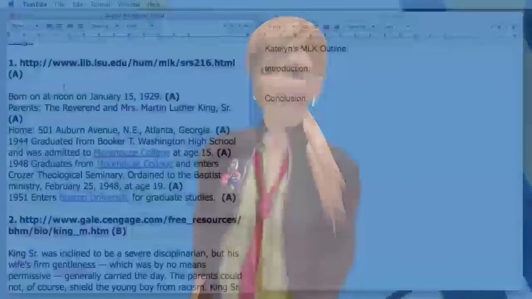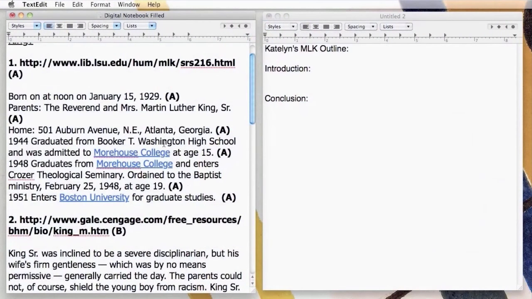My digital notebook is full of information about Martin Luther King's early years. Let's see. So I have these quotes from his very early years from this website. I see that he was born at noon on January 15, 1929, and his parents were the Reverend and Mrs. Martin Luther King Sr. I also have information about his home on 501 Auburn Avenue in Atlanta, Georgia.